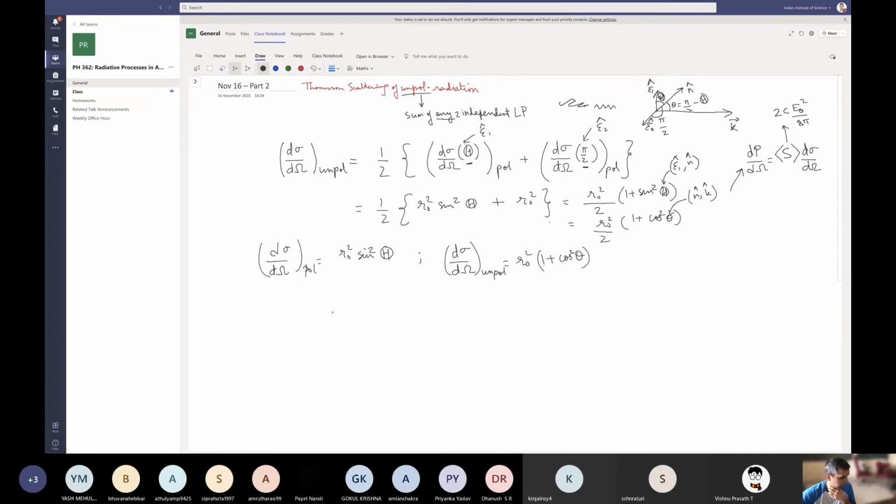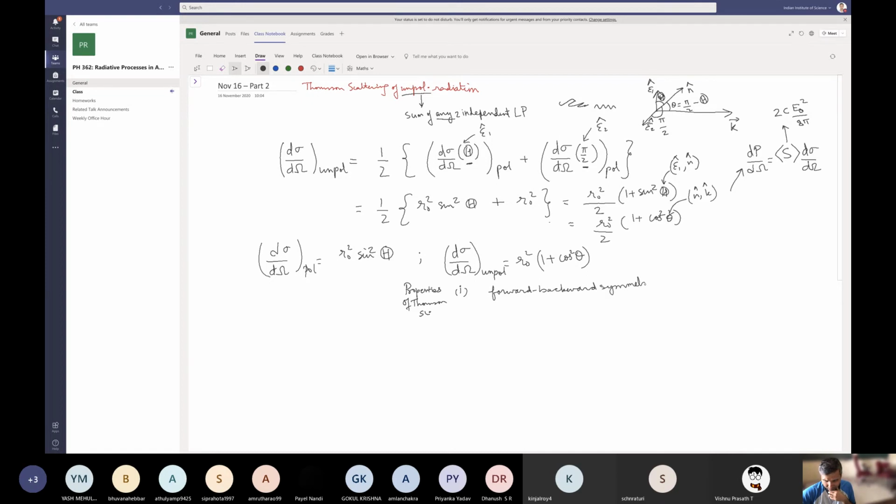So then I'll write some of the properties of Thomson scattering. There is a forward-backward symmetry.